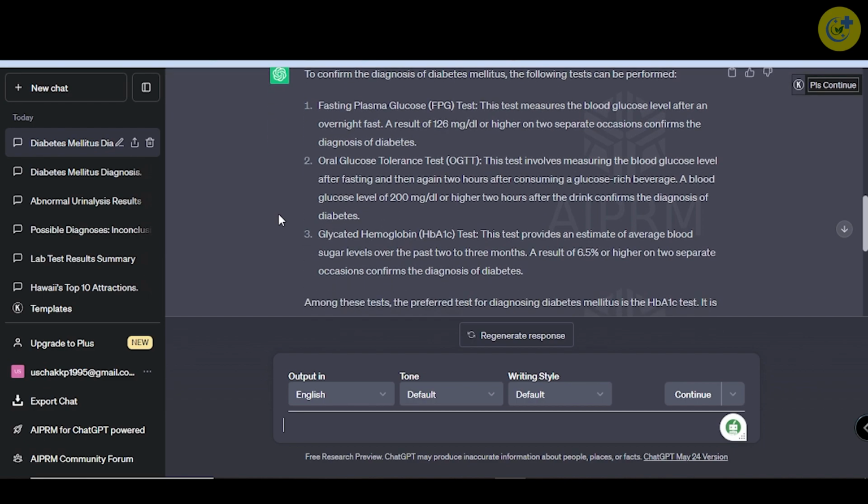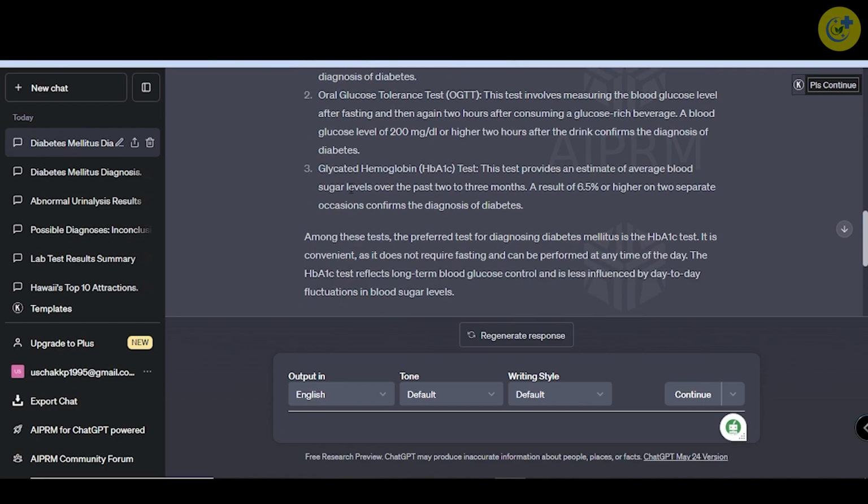Second test, oral glucose tolerance test. We call it OGTT. This test involves measuring the blood glucose level after fasting and then again 2 hours after consuming a glucose-rich beverage. A blood glucose level of 200 mg per deciliter or higher 2 hours after the drink confirms the diagnosis of diabetes. Okay. Then as the third test, glycated hemoglobin test, which we call HbA1c.